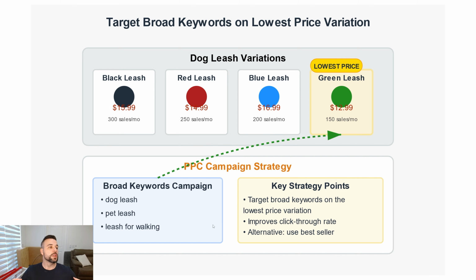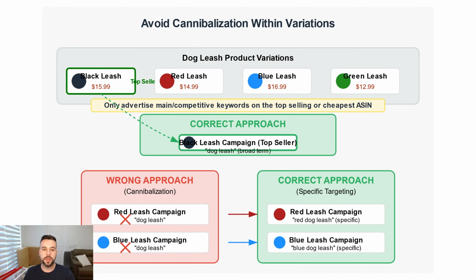Okay, so we've established that. One, you're going to pick your top seller to have the most competitive broad keywords. Two, if you haven't launched yet, one way you can start is by using those broad keywords on either the lowest price product in the variation or the one that you know is going to sell the best. Okay, so after that, how do we go from here?